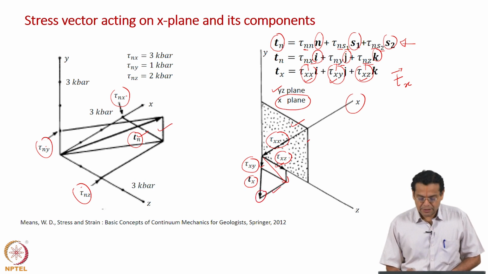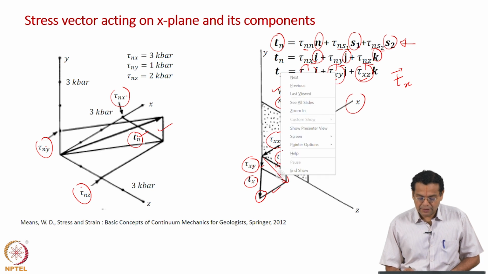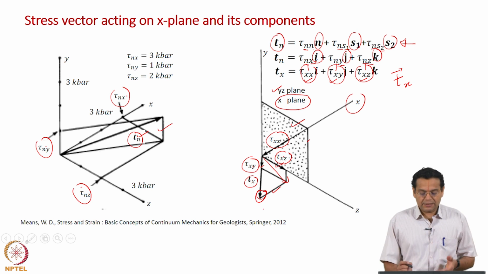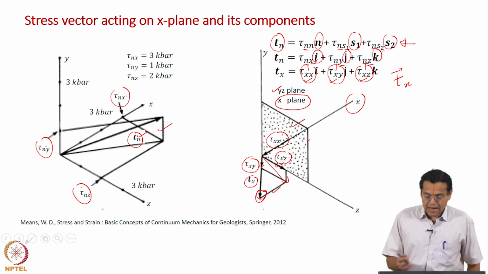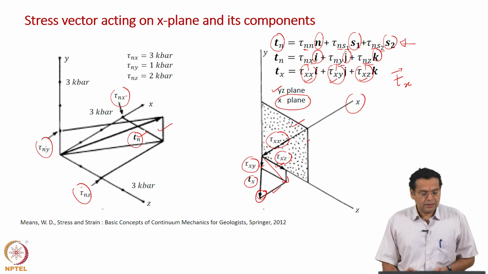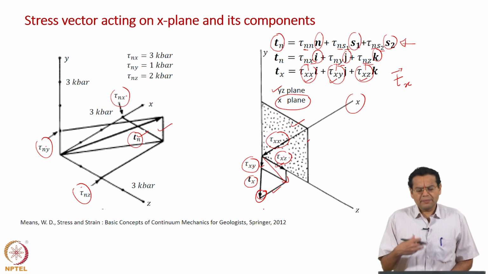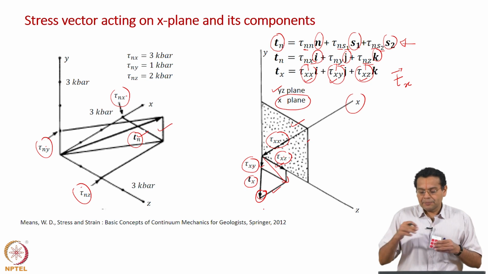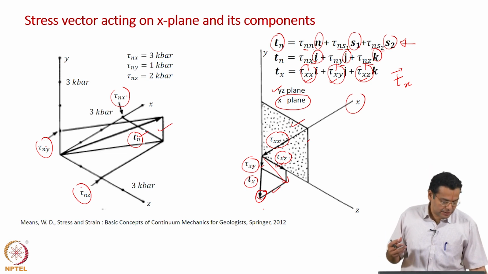So the construction is nicely shown. Of course other directions will be much clearer. So what we have done here is moved from any plane to the x plane and resolved the stress vector acting on the x plane into its components along the x y z axes.